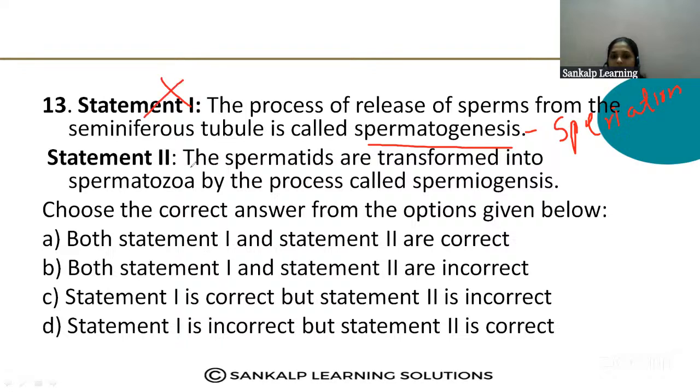See statement 2, the spermatids are transformed into spermatozoa by the process called spermiogenesis. That is correct. So statement 1 is incorrect, but statement 2 is correct, option D. Students, practice more of this type of question, where you decide which statement is correct and which is wrong, because it is very important. Option D is the correct answer.